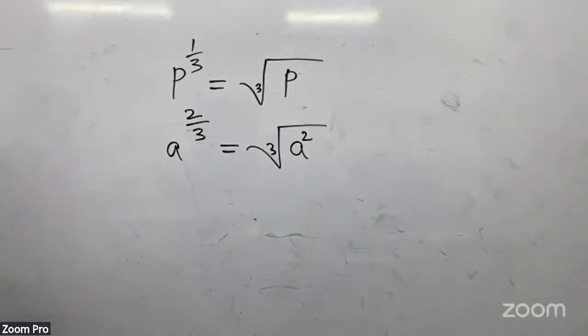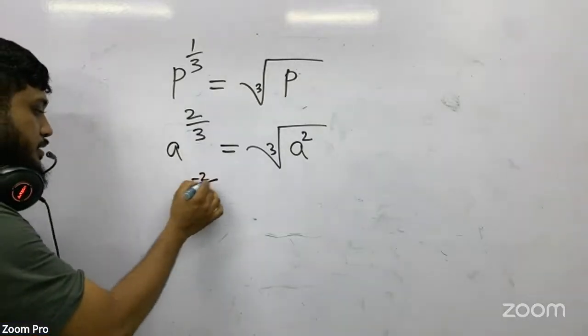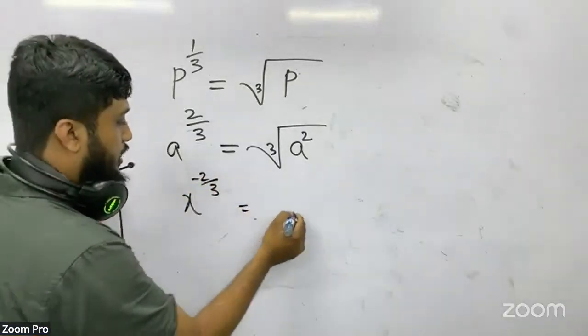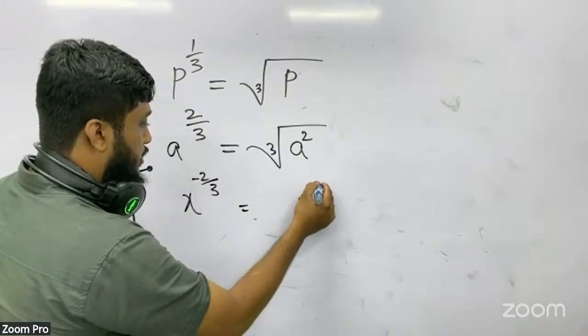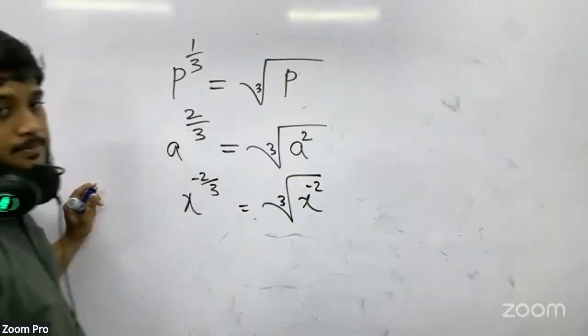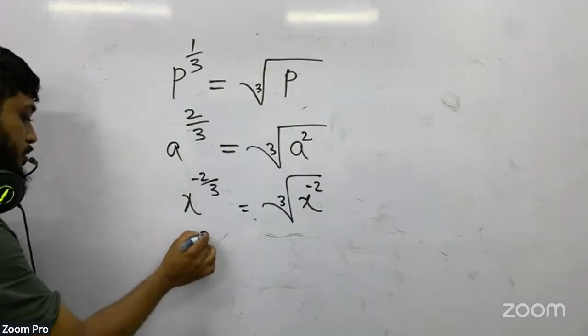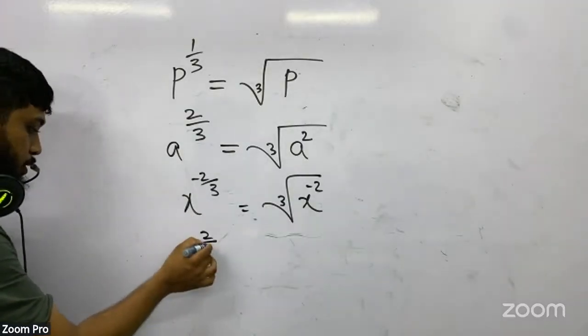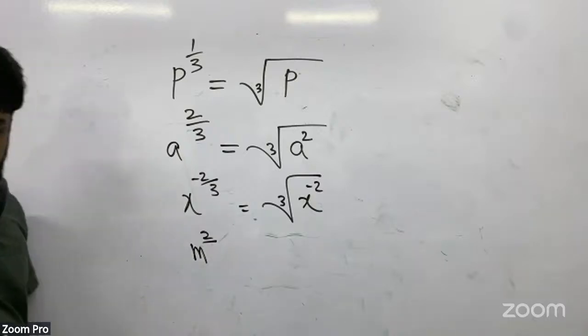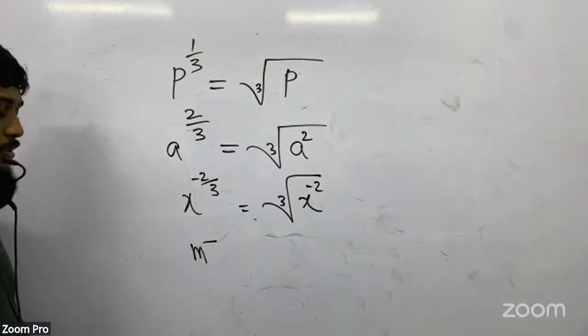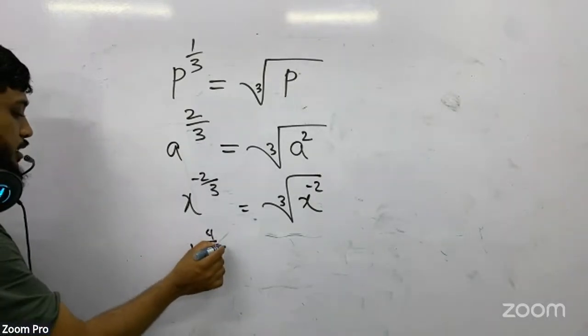Tell me the next one. Like this. Then what will come? X is here, minus 2 is here, 3 should be here. Correct? Next one. M to the power 4 over 5.